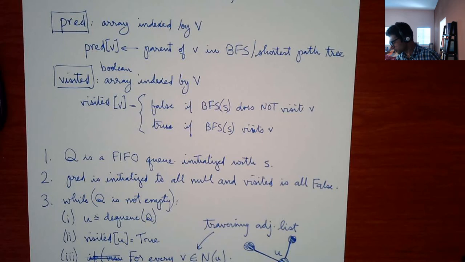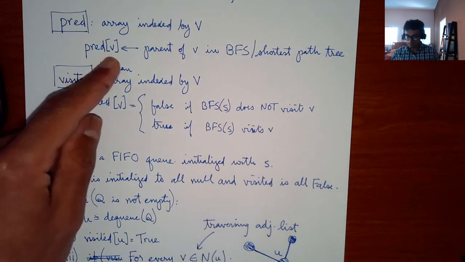I also have a question. Yeah, go ahead. The predecessor of V, like square bracket V, it's not describing the index, right?